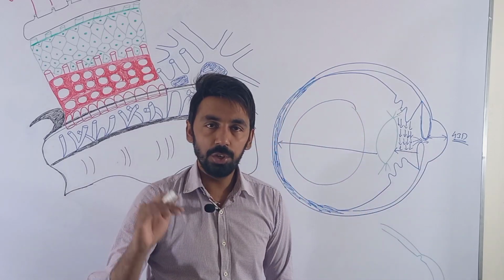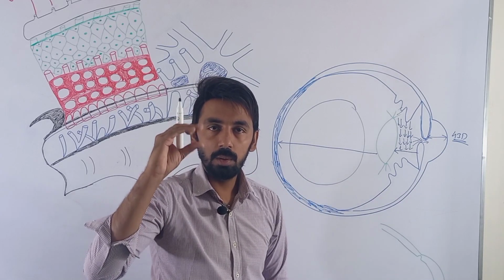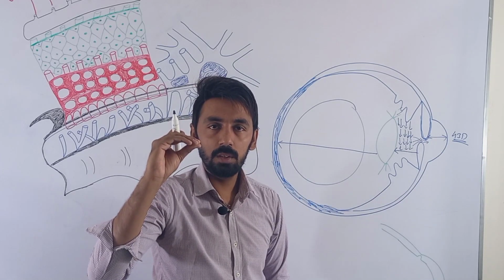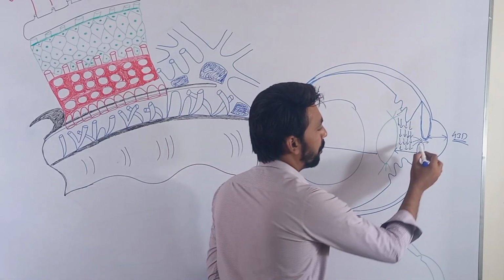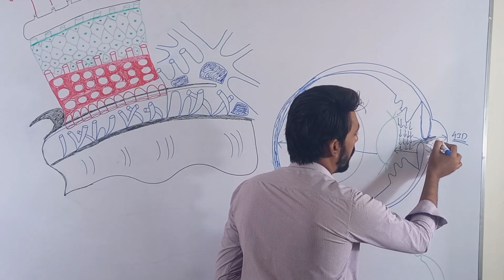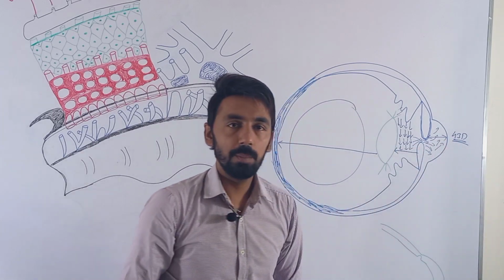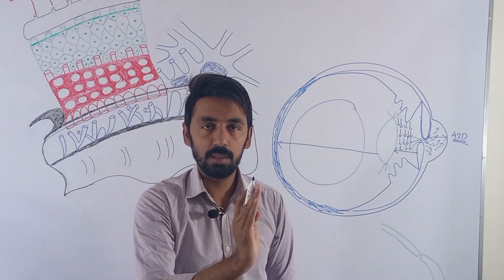It will shift from the posterior chamber towards the anterior chamber through the movable diaphragm, which is called the pupil, right? So through the pupil, the aqueous humor will travel into the anterior chamber between the cornea and the iris.